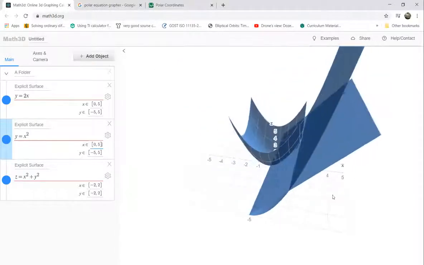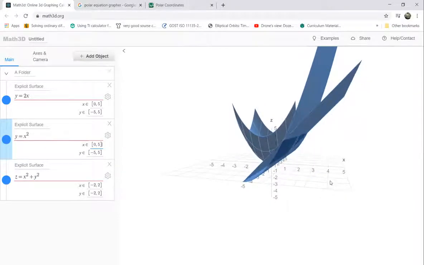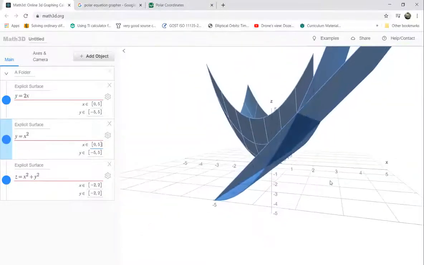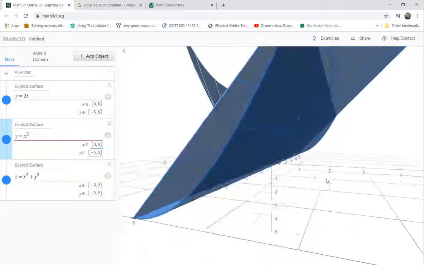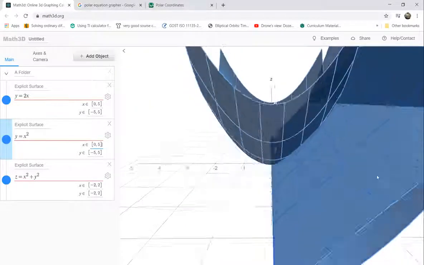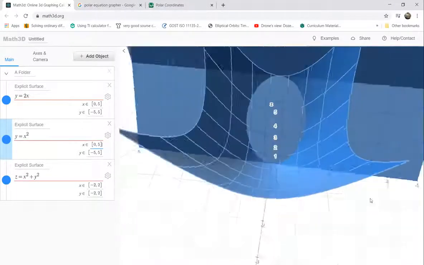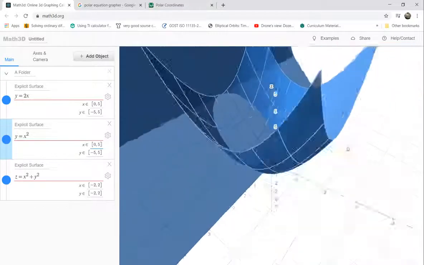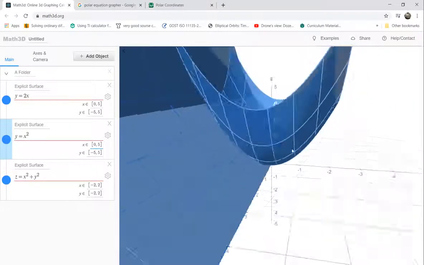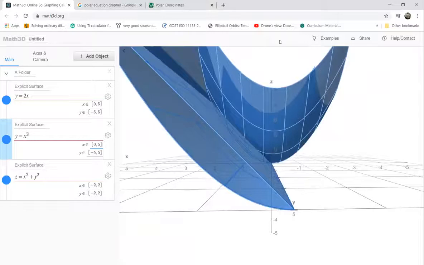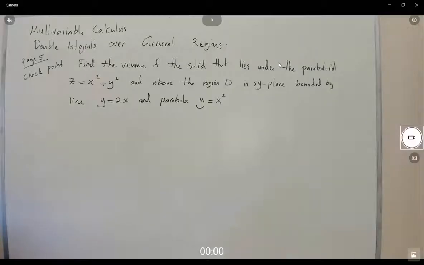Perfect. This is what we're dealing with. We want to find the volume bounded between these three. So there you go.